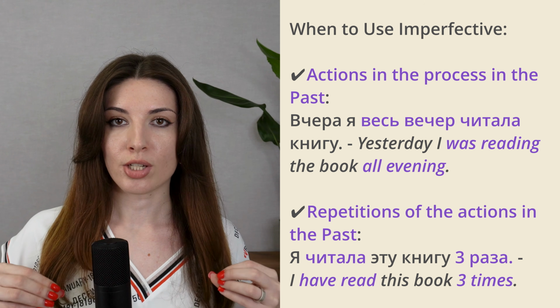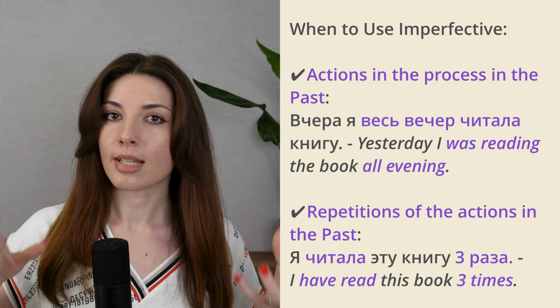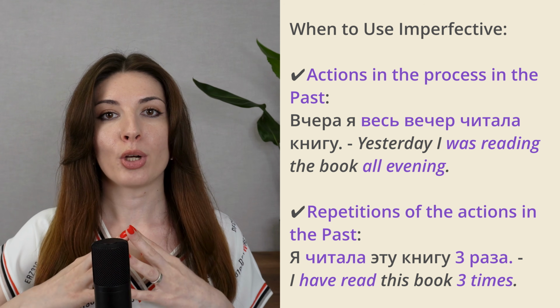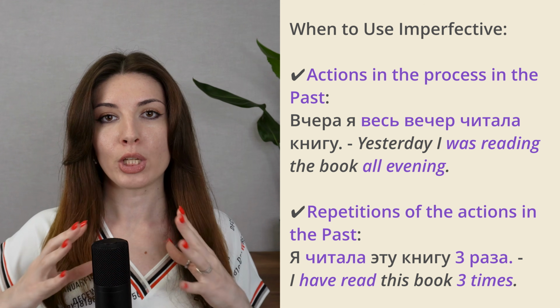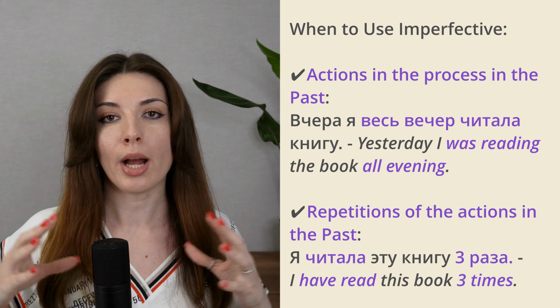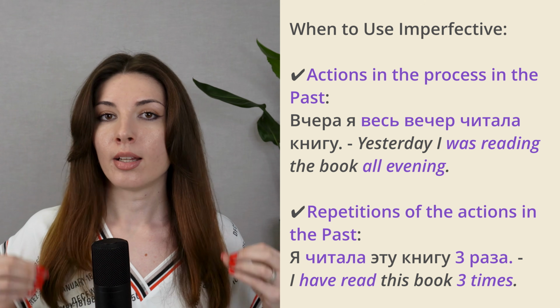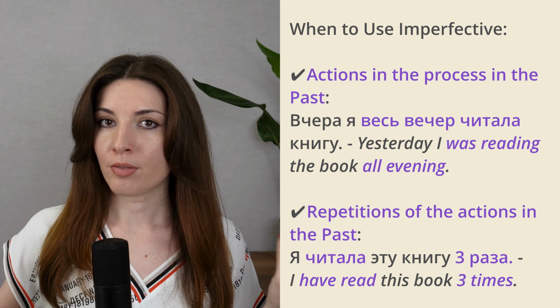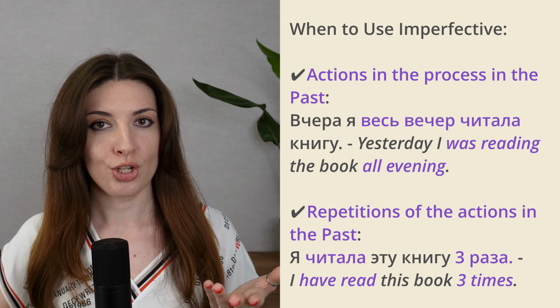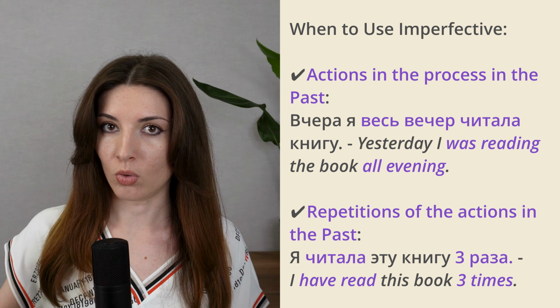Because here we have two aspects already. So now, every time we say something, we need to think what we mean. If we talk about actions that are in the process, in the past, you're talking about some period when you were doing something, it'll be imperfective. Вчера я весь вечер читала книгу.